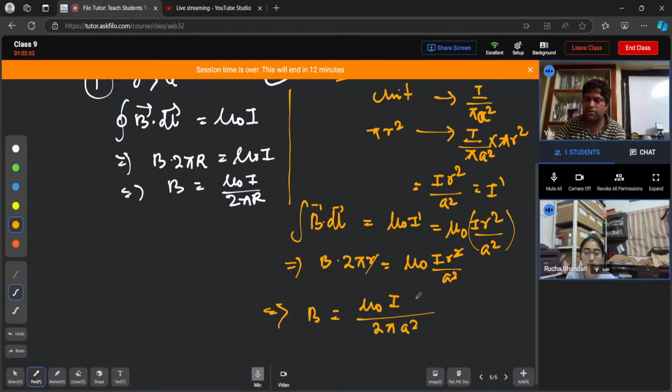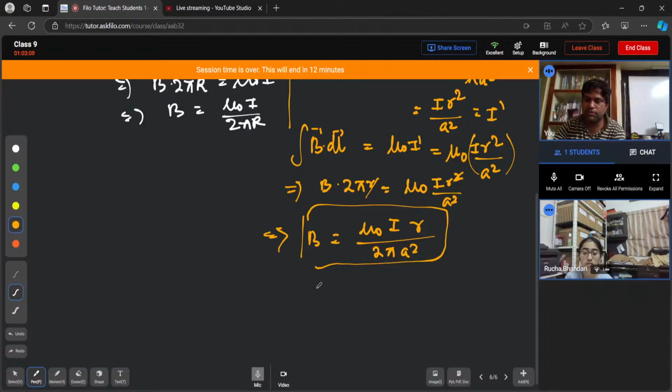This is what you are getting: B is proportional to r.